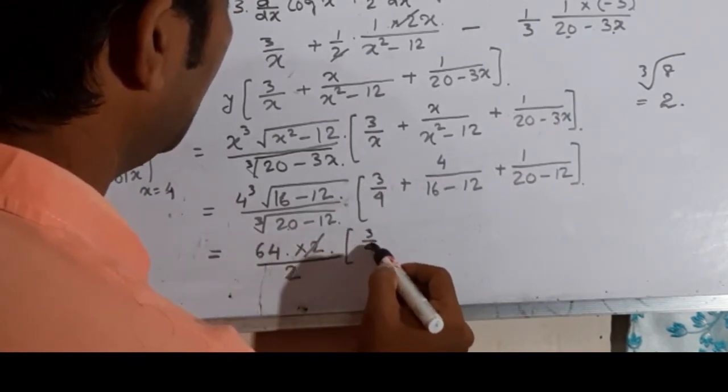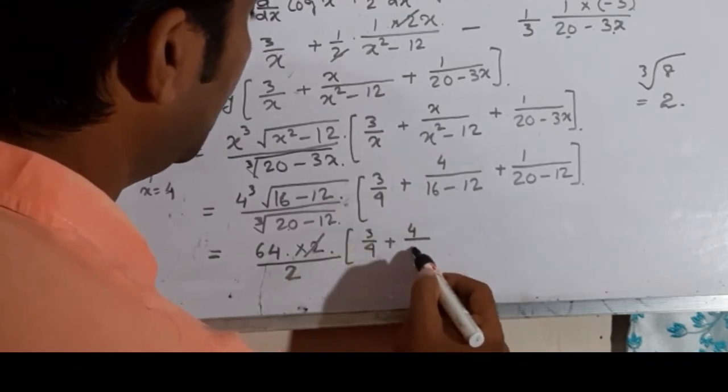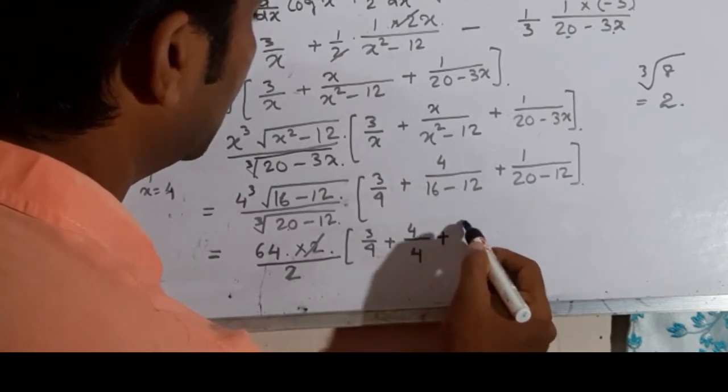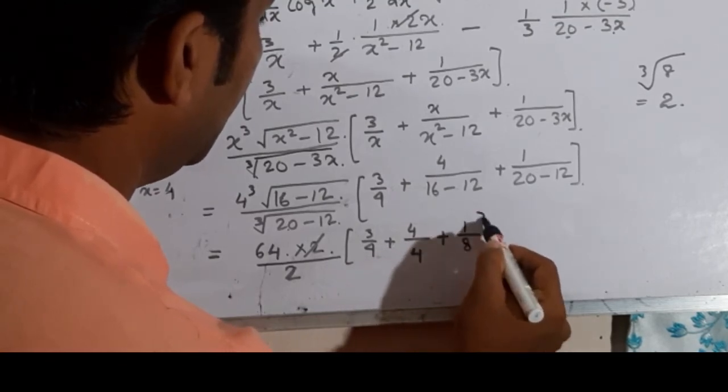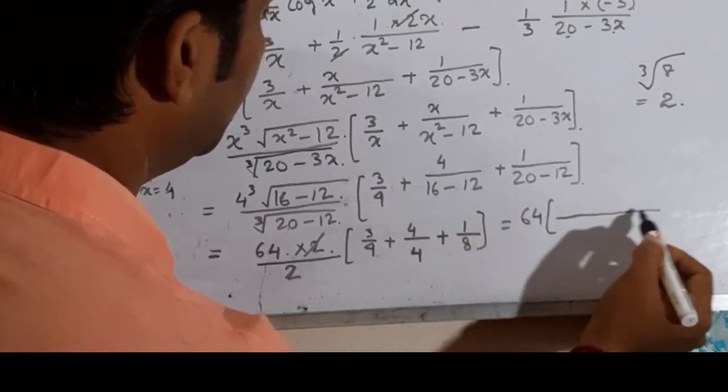This is 3 by 4 plus 4 by 4 plus 1 by 8, and this is equal to 64 into, LCM is 8.